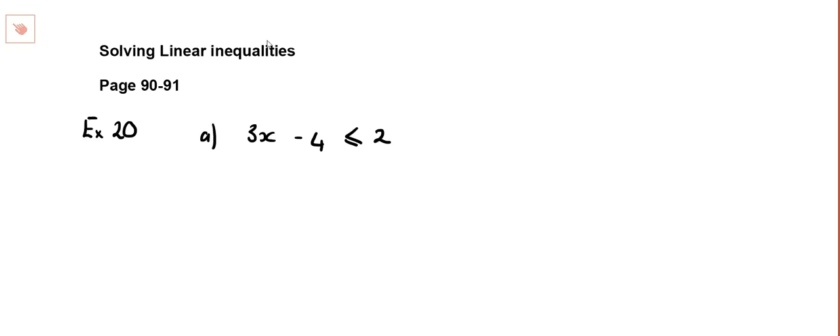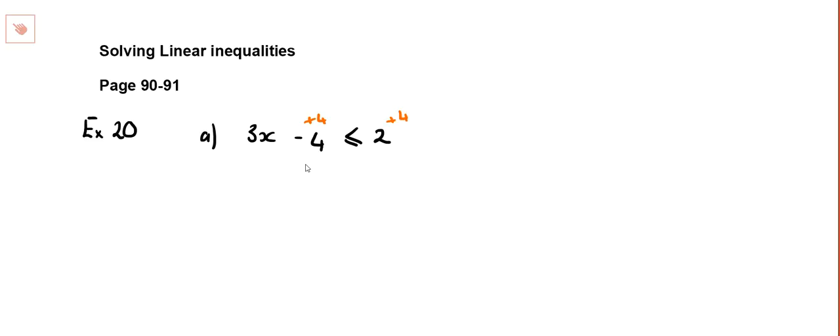Right? So, solving this basically, what we can do is imagine that this is just an equal sign and do exactly what we've done before. So what would be your first step? Add the 4, good. Add the 4 first.